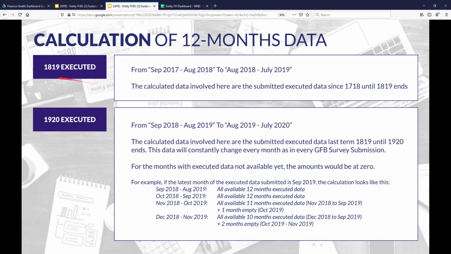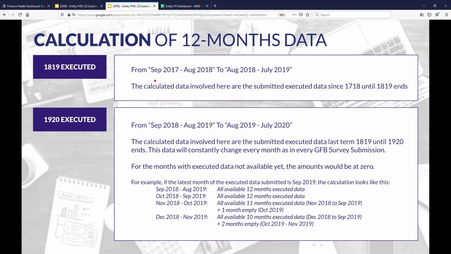So for the first month of 1819, which is August 2018, the sum is from September 2017 to August 2018. For the second month, it is October 2017 to September 2018, and so on until the last month of 1819, which is July 2019, covering August 2018 to July 2019, basically the entire term.